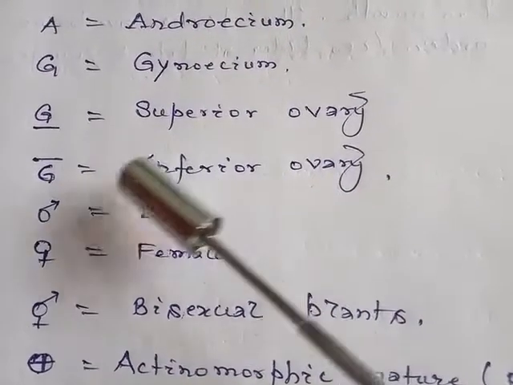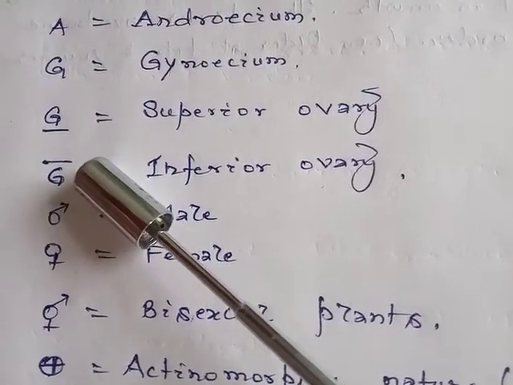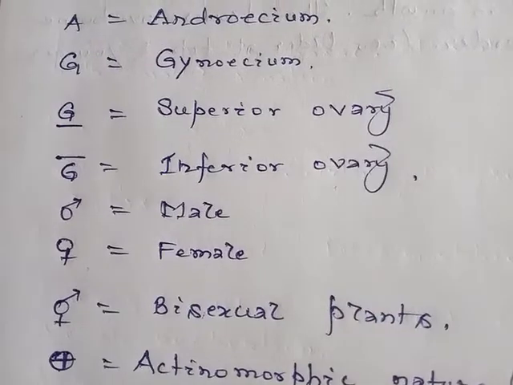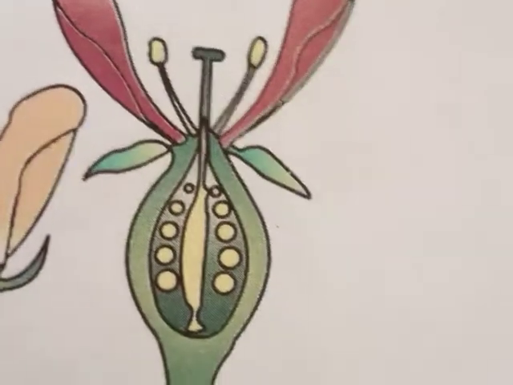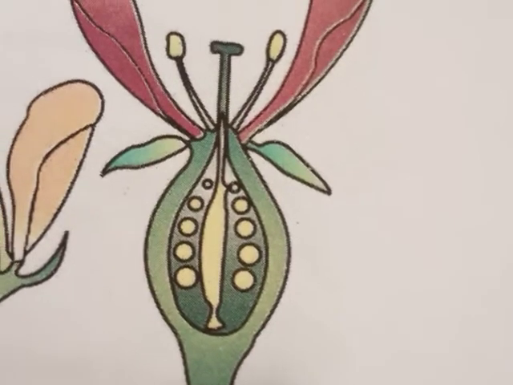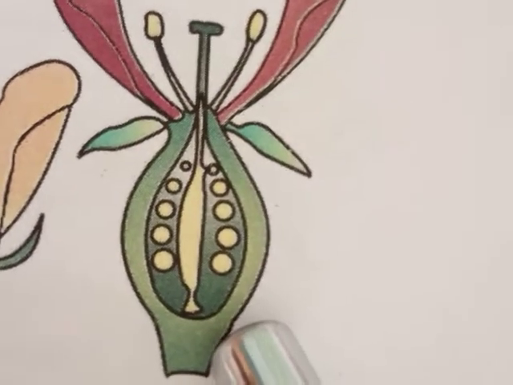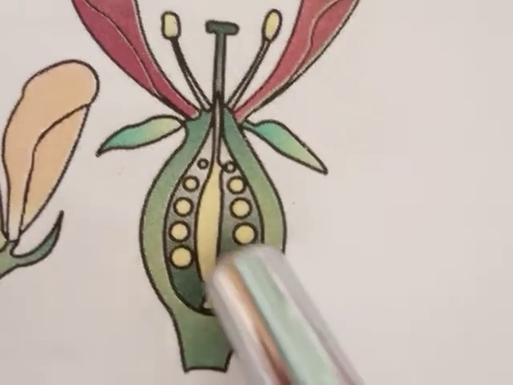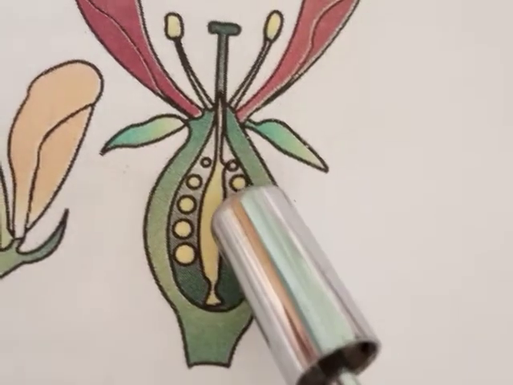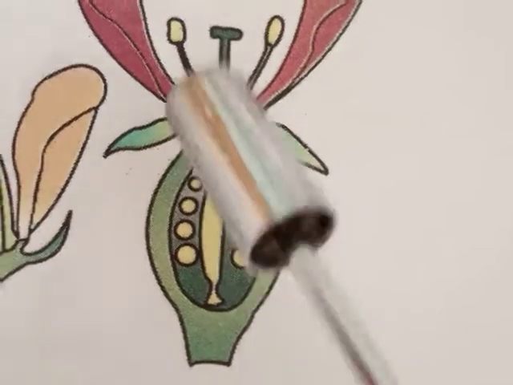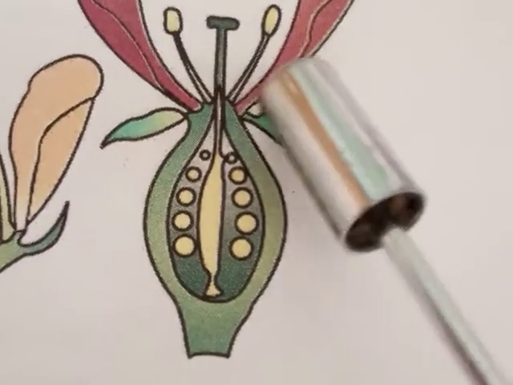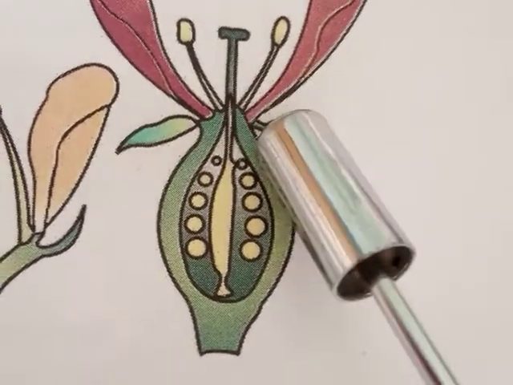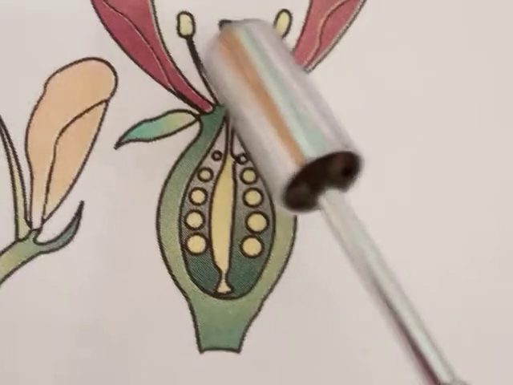And when the letter G is overlined, it indicates an inferior ovary. In the case of epigynous flowers, the margin of the thalamus grows upward, enclosing the ovary completely and getting fused with it, whereas the other parts of the flower, like the androecium and petals, arise above the ovary.